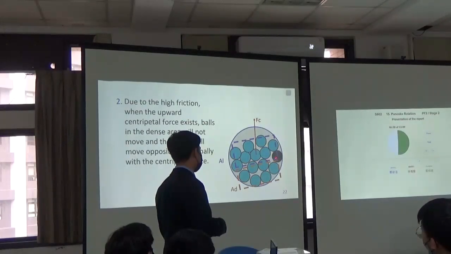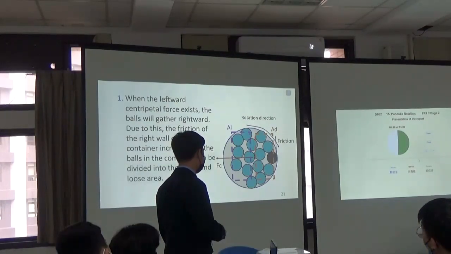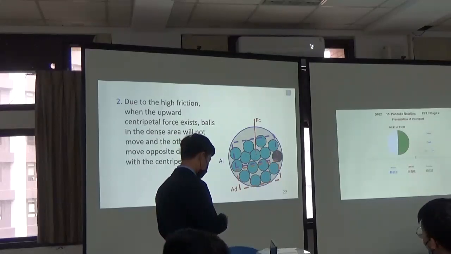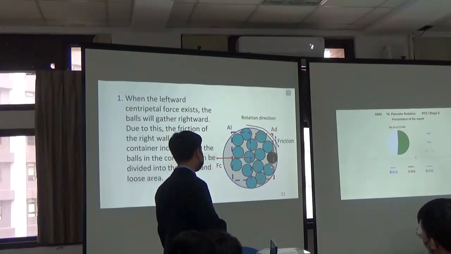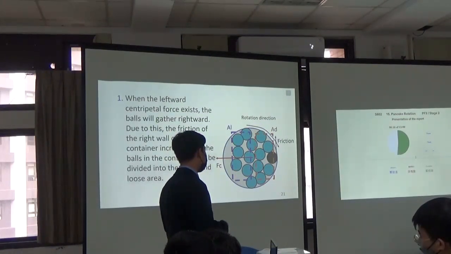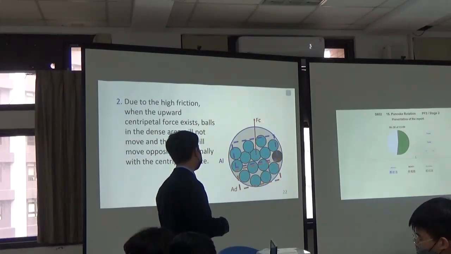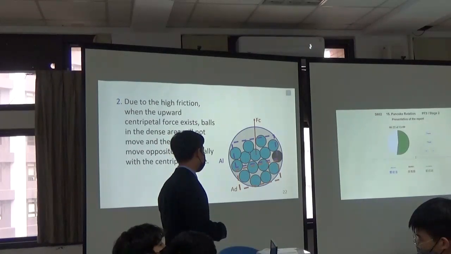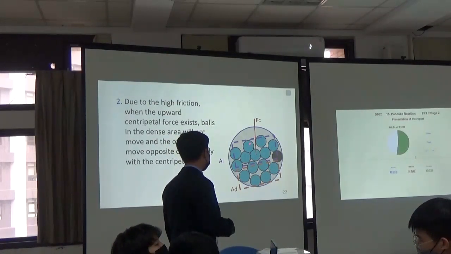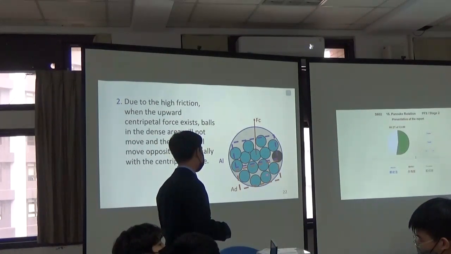So here, the balls here will move a lot, and in a second, when the centripetal force is upward, the dense area will be here, and the loose area will be here too.